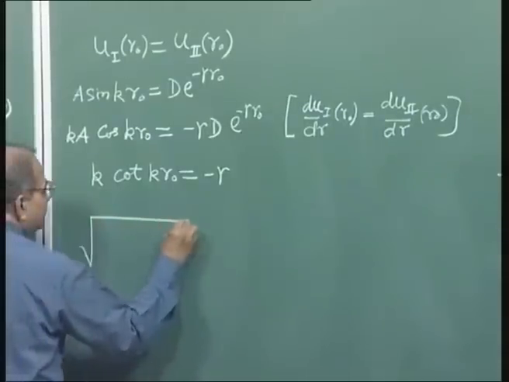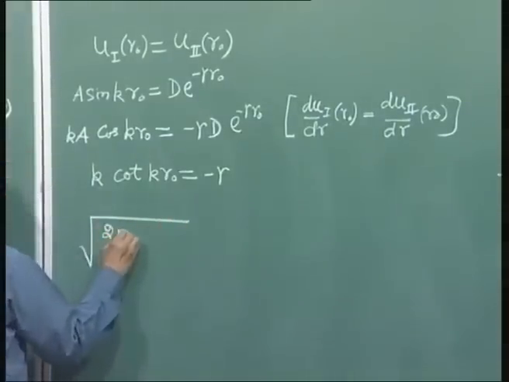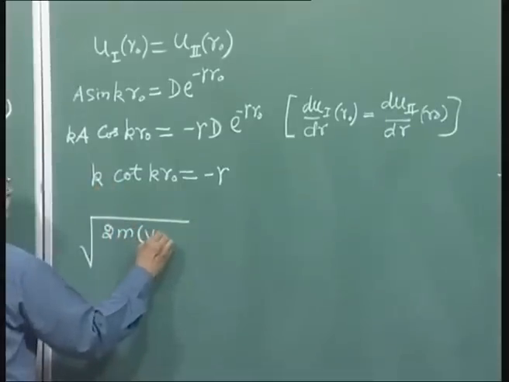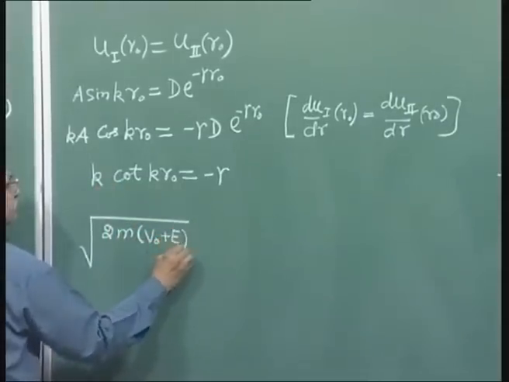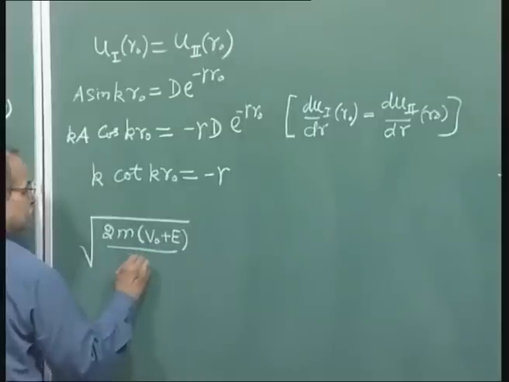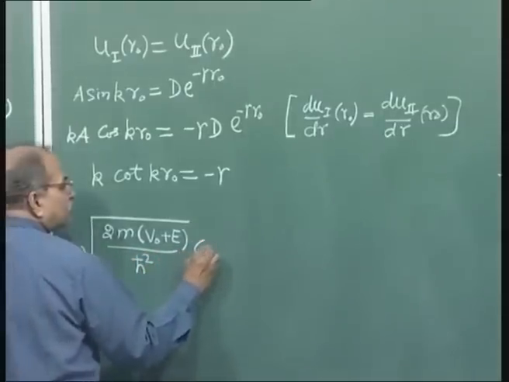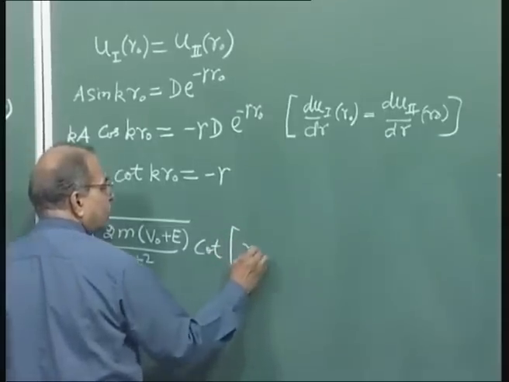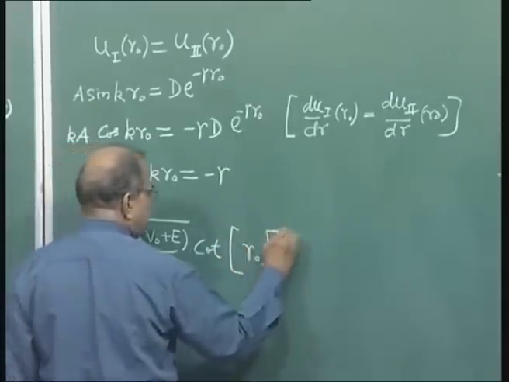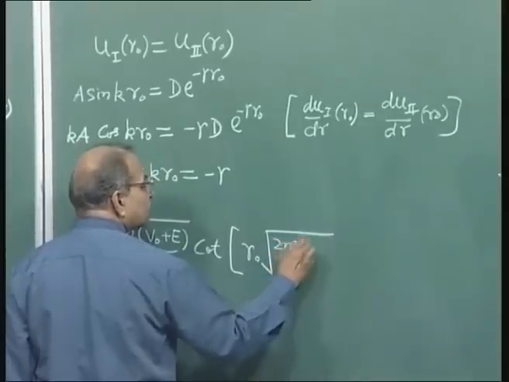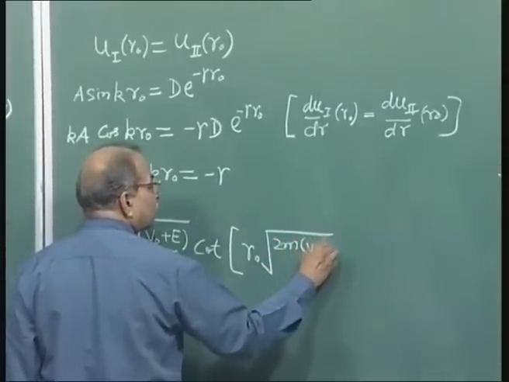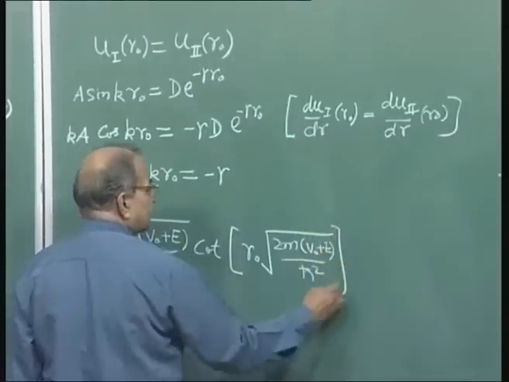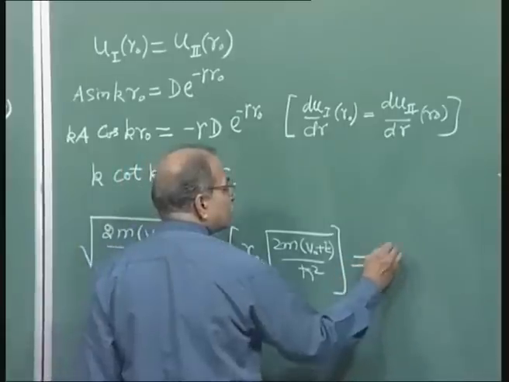Square root of 2m (V naught plus E) over h cross square. So, k cot k r naught, that means r naught into k, is equal to minus gamma. What was gamma?